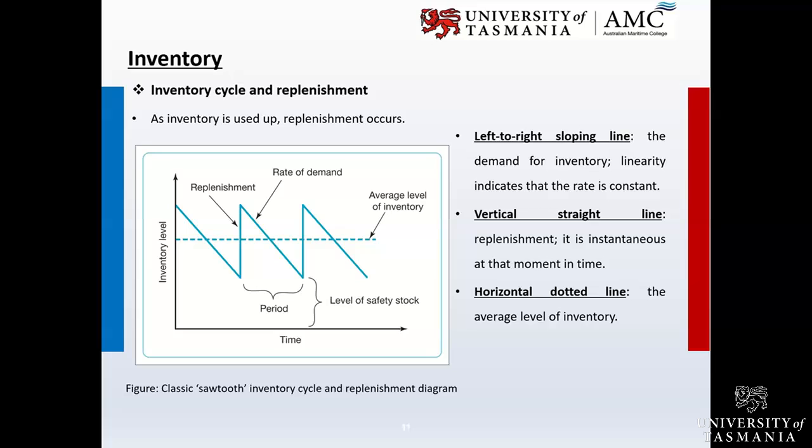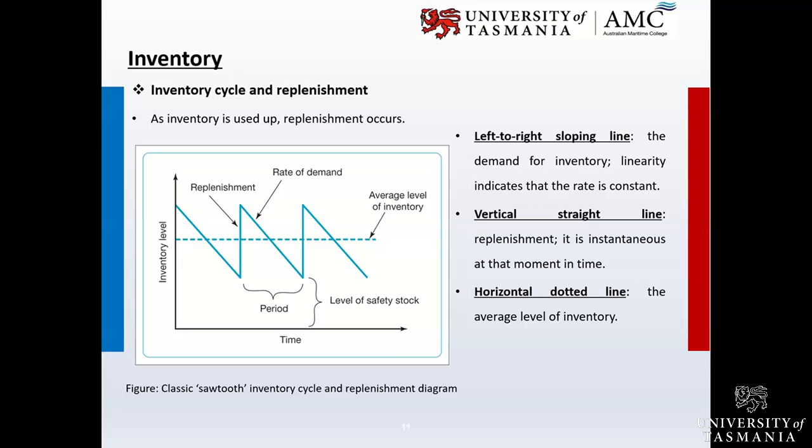The second is the vertical straight line. It means replenishment takes place. It is instantaneous at that moment in time.